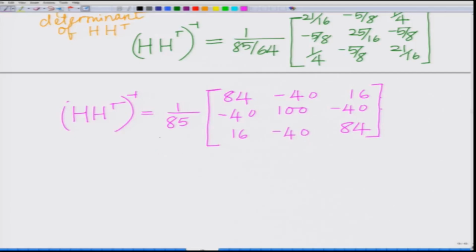You can check all of these calculations. This is basically the expression for H H transpose inverse, and this is something that we have already derived for this frequency selective channel yk equals xk plus 0.5 xk minus 1 plus vk.